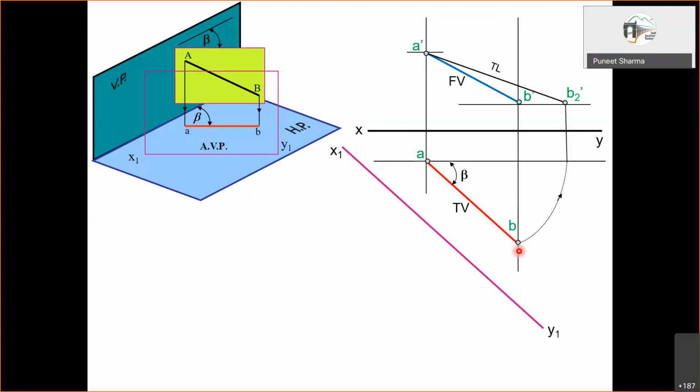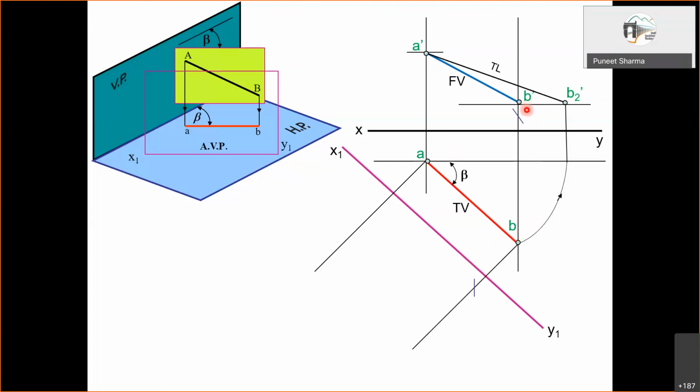The projector from small b will be drawn perpendicular to xy, and these will contain a1 dash and b1 dash. Distances again from this xy, this distance we measure, and then from this x1 y1 along this, the same distance is to be marked for locating a1 dash. The same is to be done for b dash.